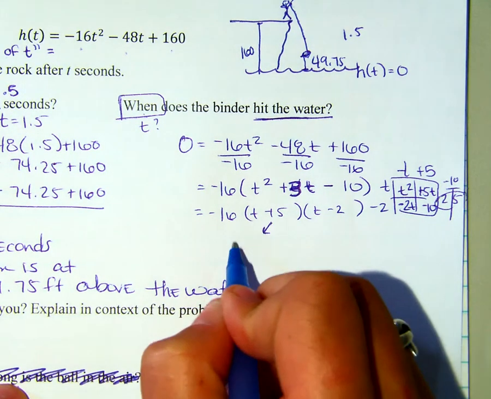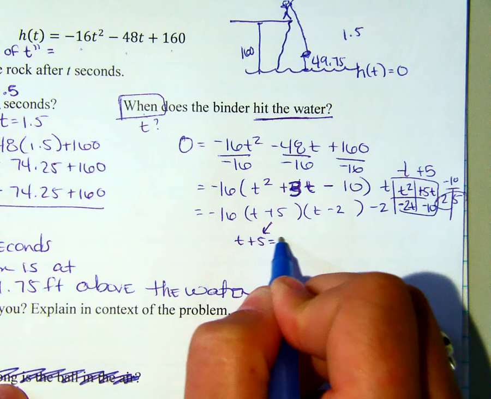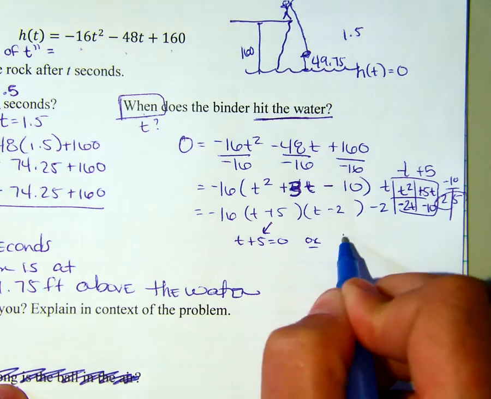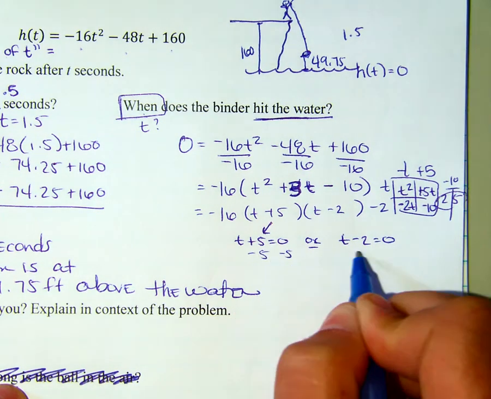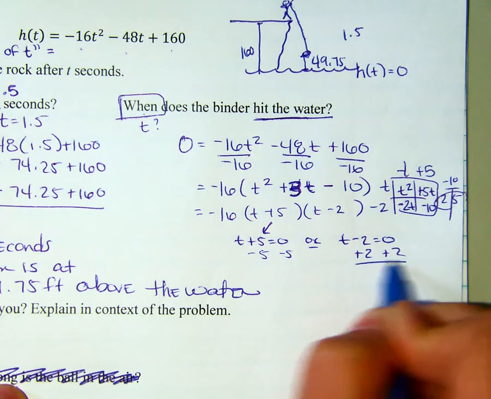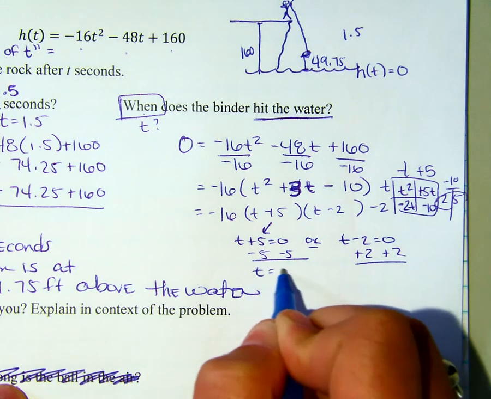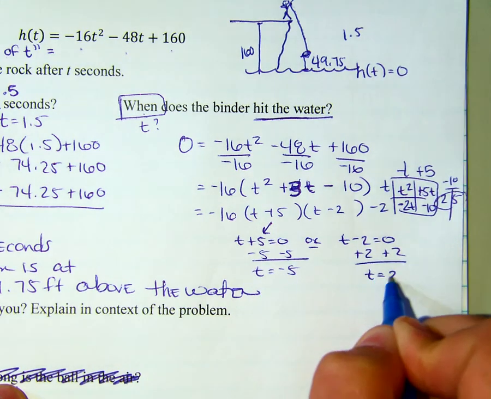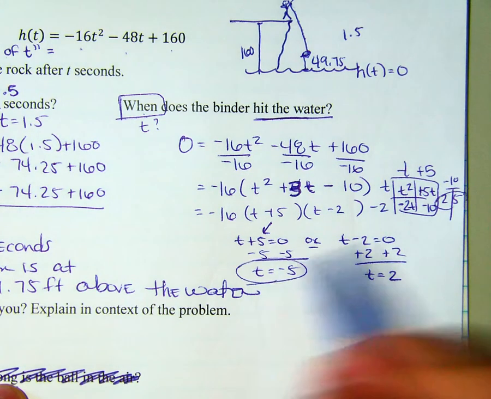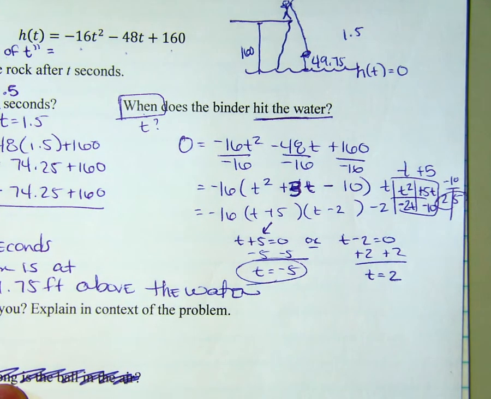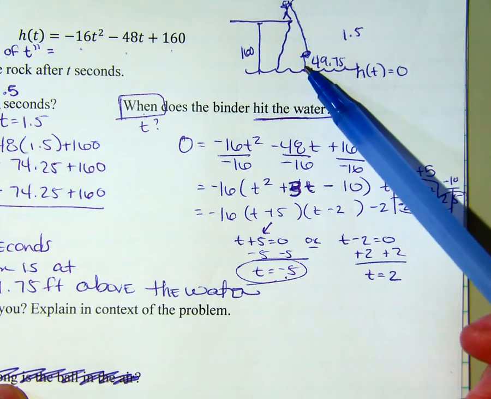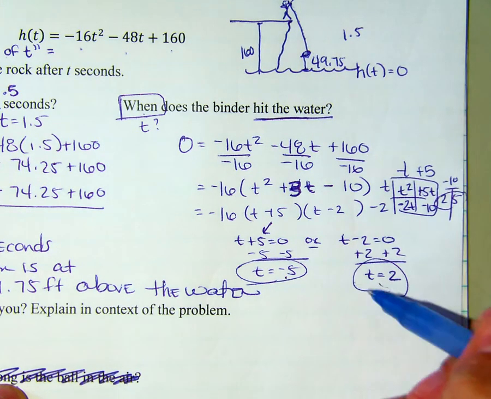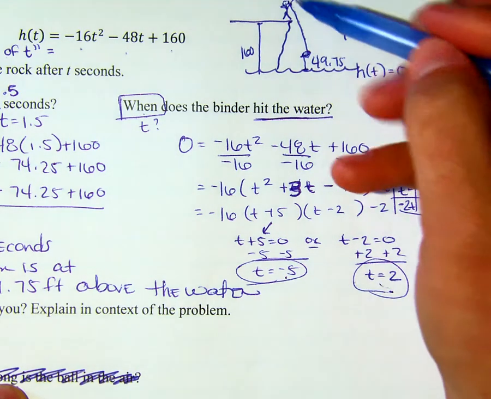So t plus 5 equals 0. This is the zero product property. Quickly solve this. So after negative 5 seconds, the binder would hit the water, or after 2 seconds, the binder would hit the water.